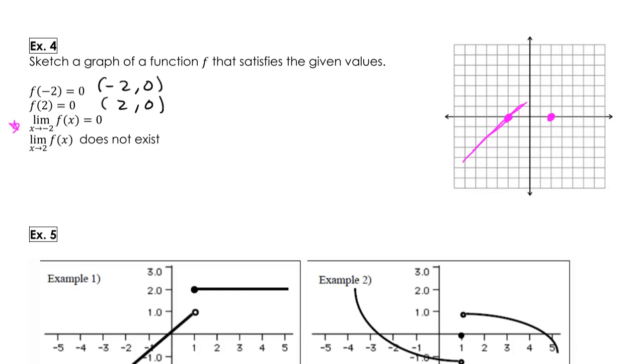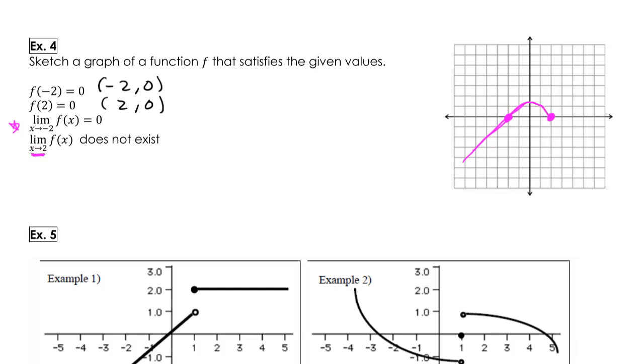Next case, they say the limit as x equals 2 doesn't exist. See if you can remember from the previous page the 3 cases when the limit doesn't exist. The first was unbounded behavior, where your answer for the limit was positive or negative infinity. It was also the left and right not meeting up and oscillations. I'm going to go with the second case of the left and right not meeting up. So at x equals 2, the left and right can't meet up.